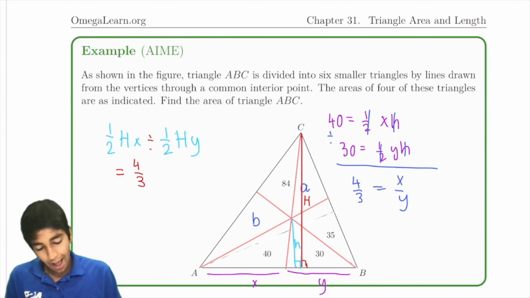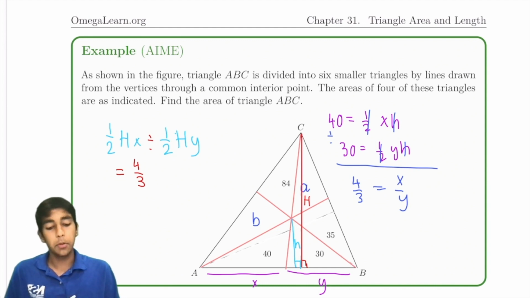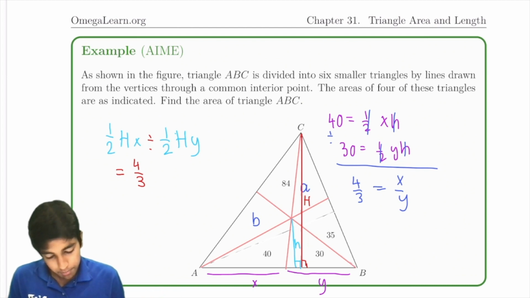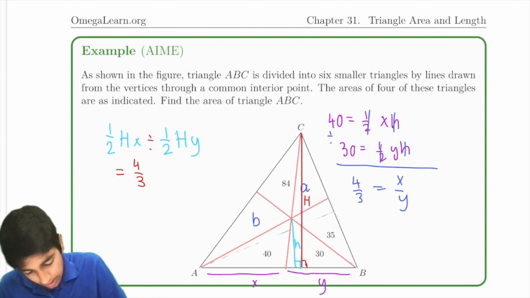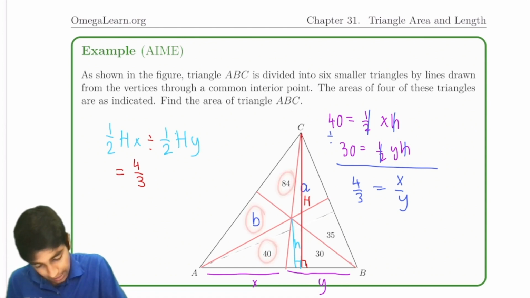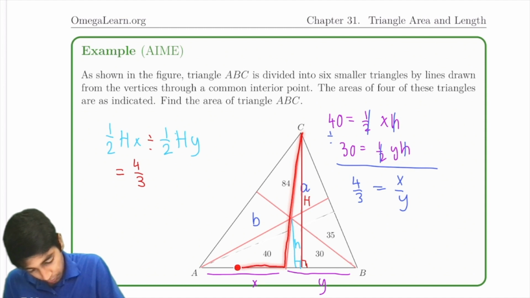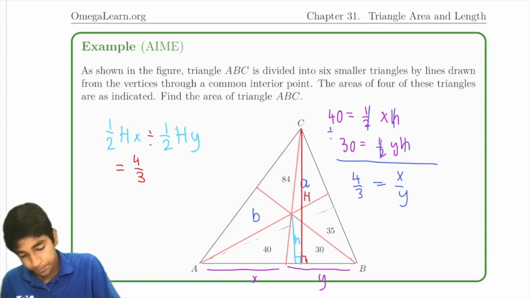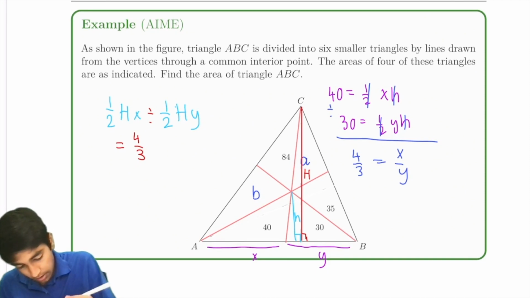Well, what is 1/2 big Hx in terms of the variables a and b and maybe some of the other numbers that we know? It's nothing but 84 plus b plus 40, because those are the 3 small triangles that make up this triangle. So 1/2 big Hx is 40 plus 84 plus b.